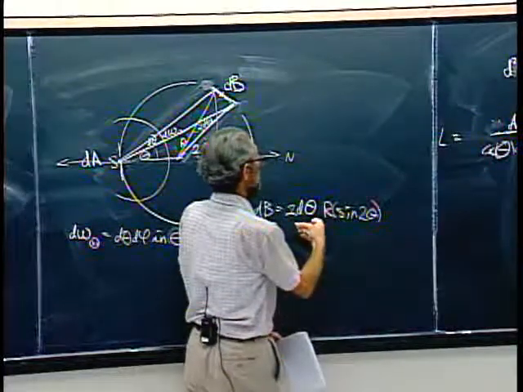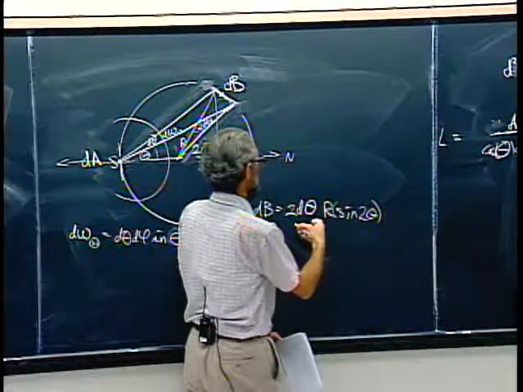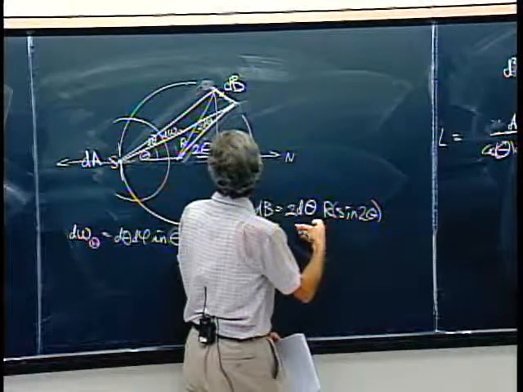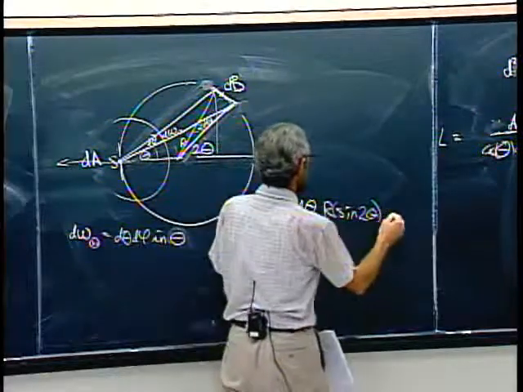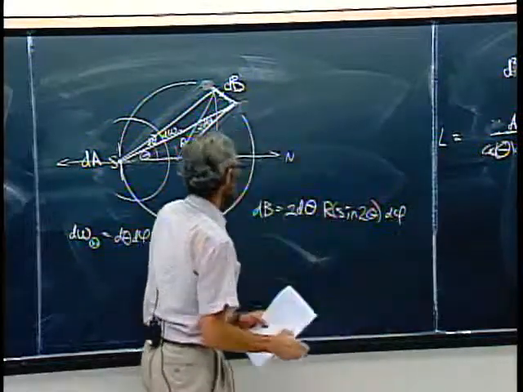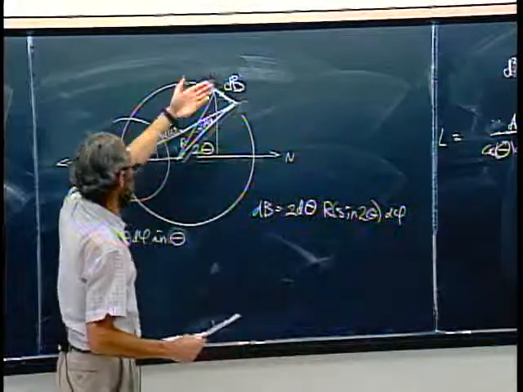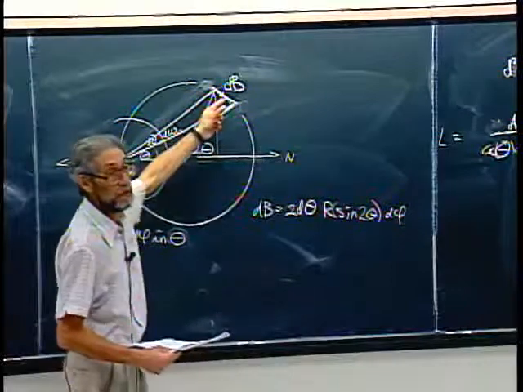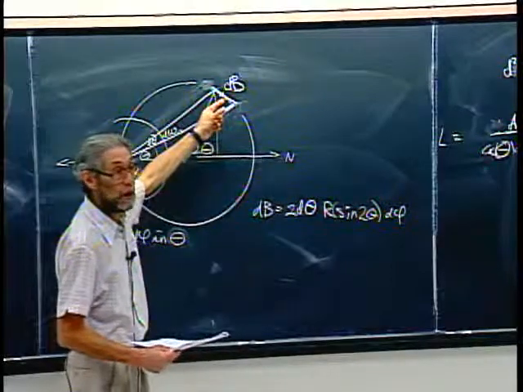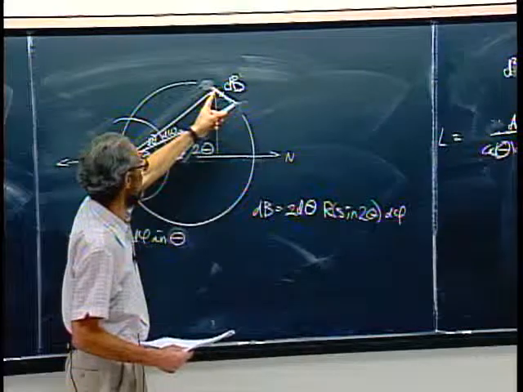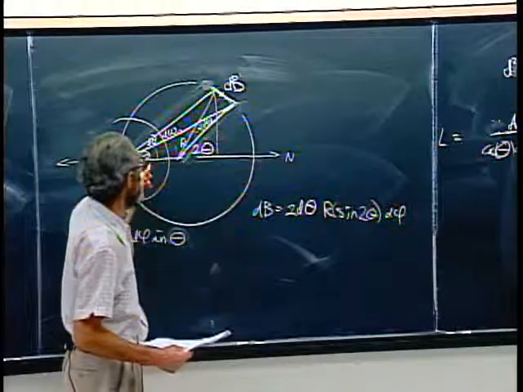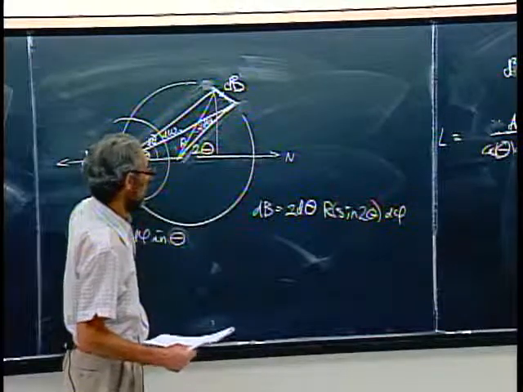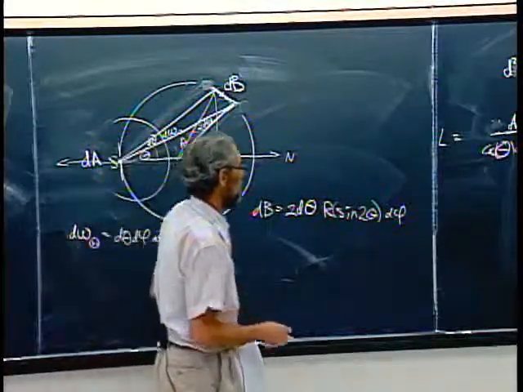times d phi, right? Because d phi is still going around the sphere the same way. The d phi of this little piece is the same as the d phi of that little piece. And what I'm trying to do is relate the area of dB to this theta. So what do I have here?